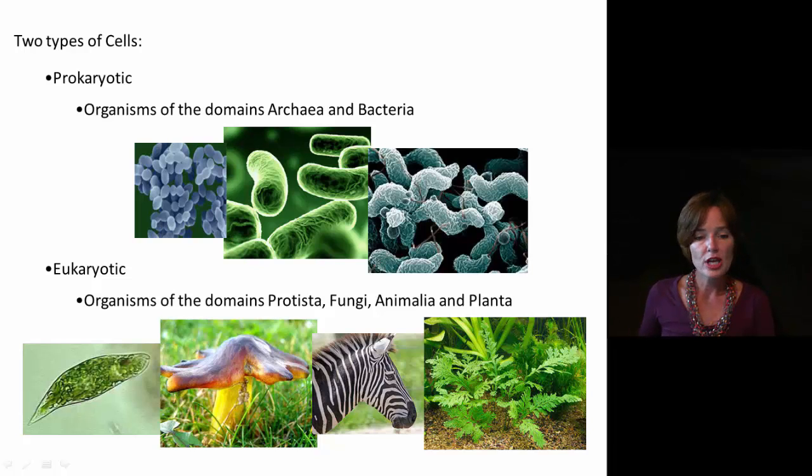On the eukaryotic side, these are organisms found in the domains Protista, fungi, Animalia, and Plantae. You can see in the pictures here that these are much, much larger organisms. Typically, they're multicellular, made of many cells, which is one of the reasons why they are ultimately much larger organisms.